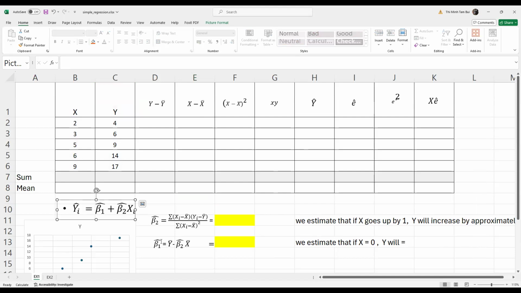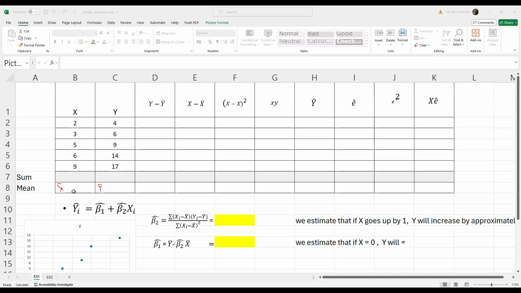This is how to find beta 1 hat. Okay, step by step. First, they have X bar and Y bar in the formula, which means you have to find the average first. So if we calculate the mean, we will get X bar and Y bar.